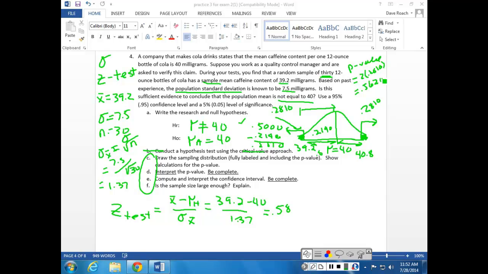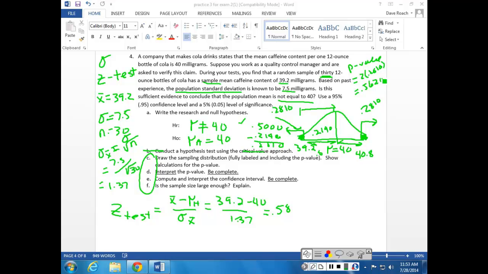Before I go any further, I'm going to put this into my calculator just to make sure I didn't make any arithmetic errors. I'm going to go to Stat, Test, Z-Test. Stats, I'm entering statistics. Mu0 was 40. Population standard deviation was 7.5. The sample mean was 39.2. The sample size was 30. We have a two-tailed test, so just select not equal to and calculate.